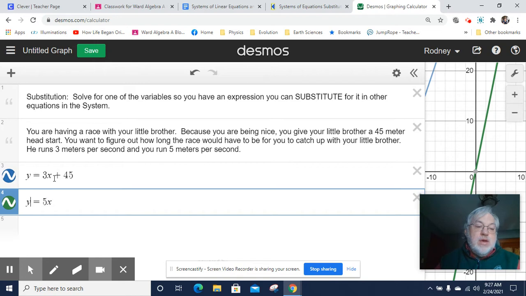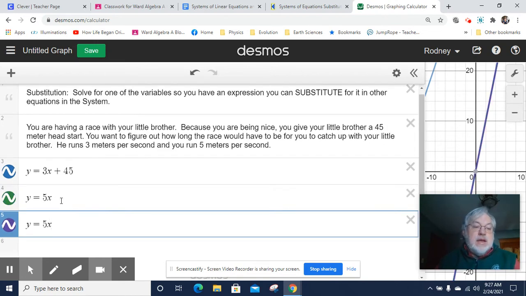So we can copy this equation, y equals 5x, but y also equals 3x plus 45. And when y is the same, we can just replace y with 3x plus 45. We can substitute for y with 3x plus 45. And now we have an equation we can work with because it only has one variable.